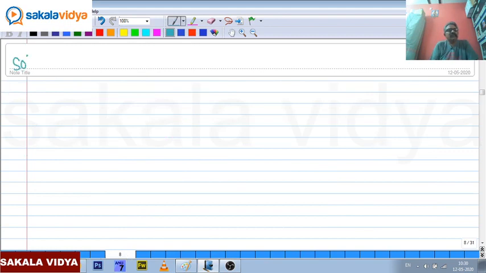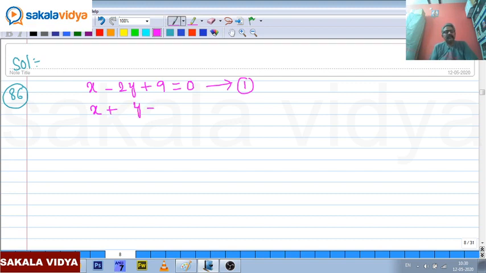Solution of 86. What are the equations? Once again write down. x minus 2y plus 9 is equal to 0. Equation 1. x plus y minus 9 is equal to 0. This equation 2. And 2x minus y minus 9 is equal to 0. This time you do one thing.